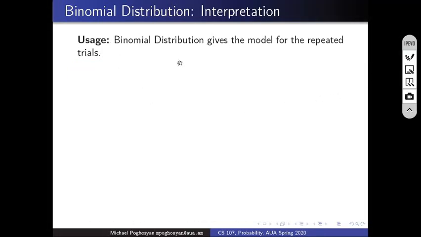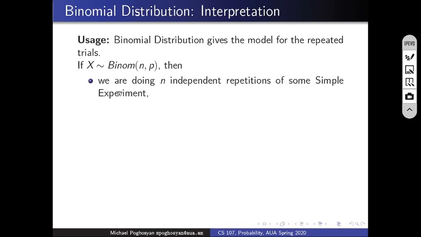The usage of binomial distribution is that it gives the model for repeated trials. X is binomial with parameters n, p if the following holds. We are doing n independent repetitions of some simple experiment.